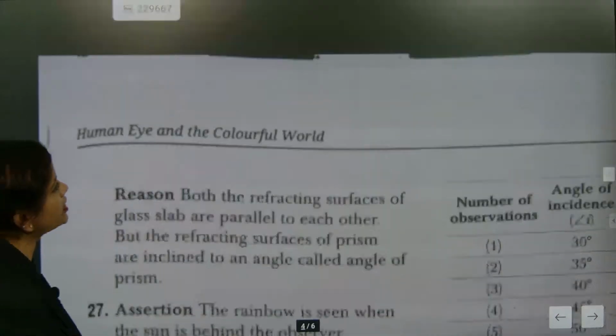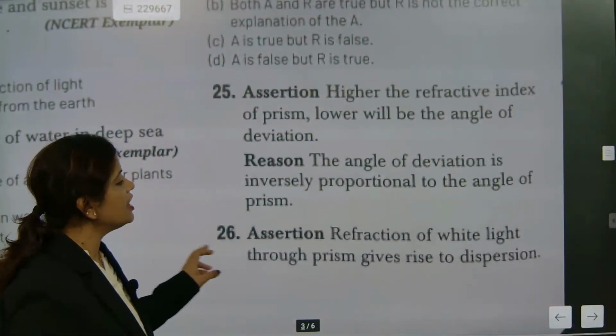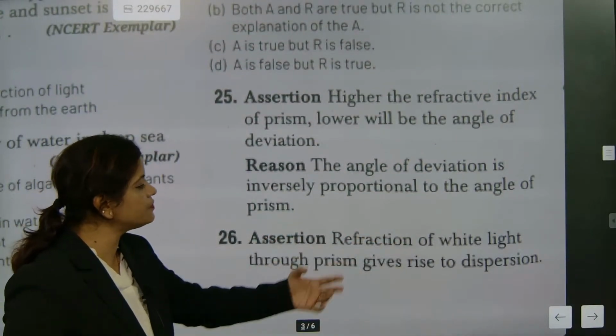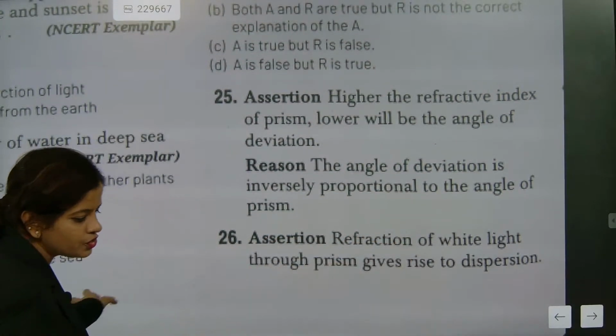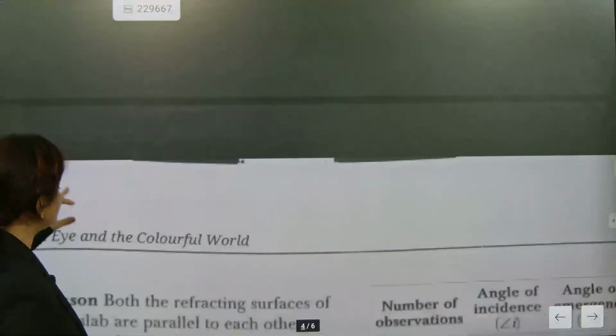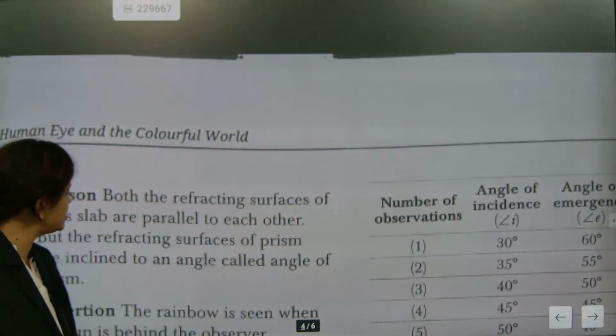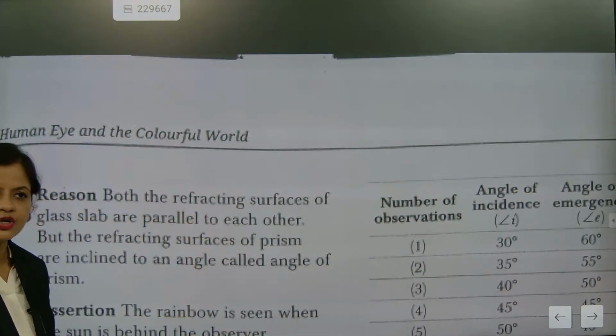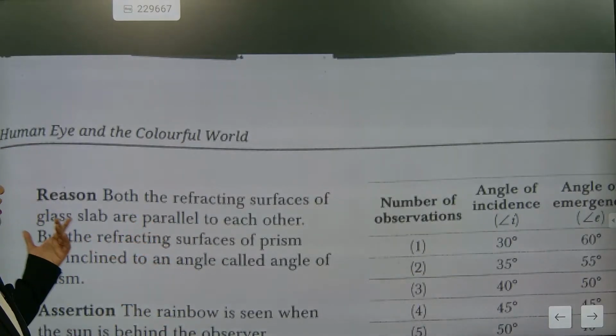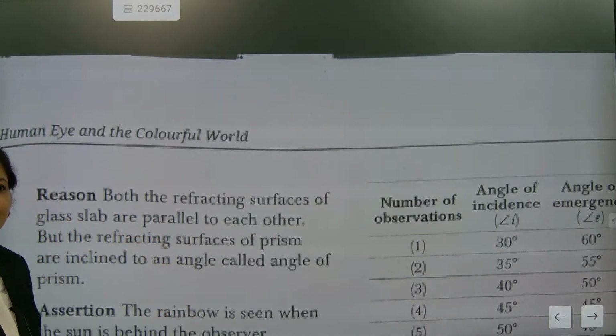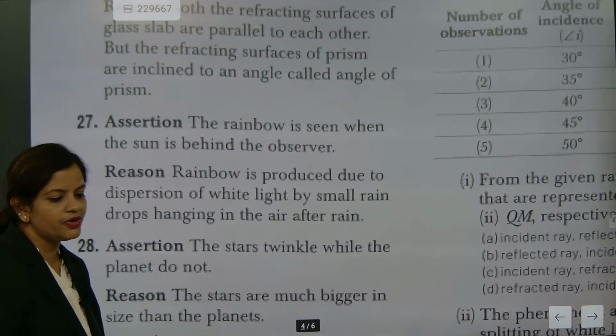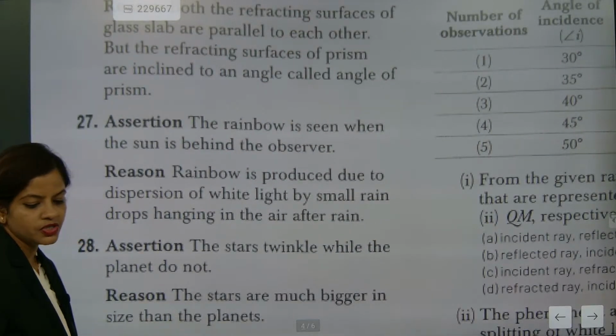We can't merge them together. Refraction of white light through prism gives rise to dispersion. That's a true statement. And here, both the refracting surfaces of a glass slab are parallel to each other. Correct. But in a prism, they are inclined at an angle. So these are statements, but they are not imparting any information to each other. So the correct option is B.